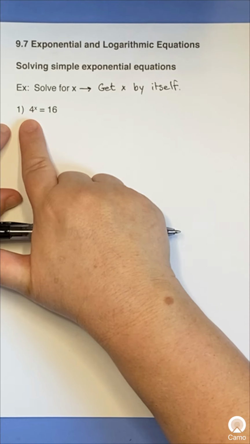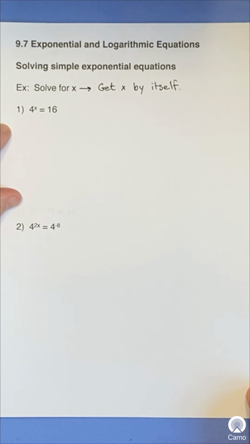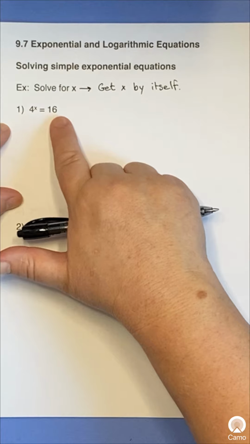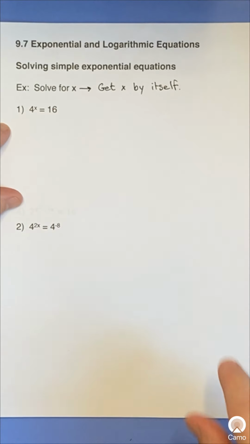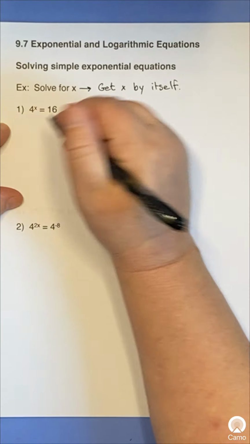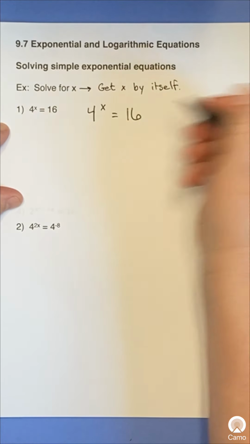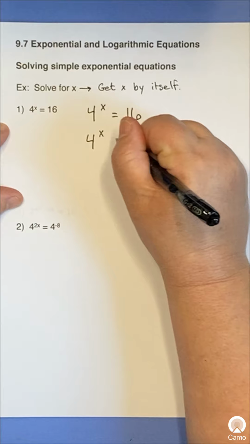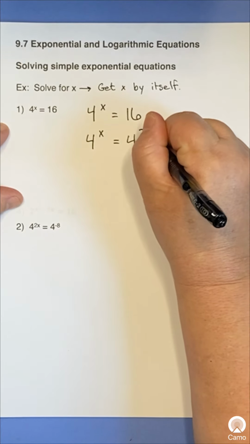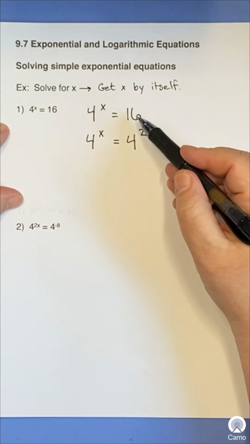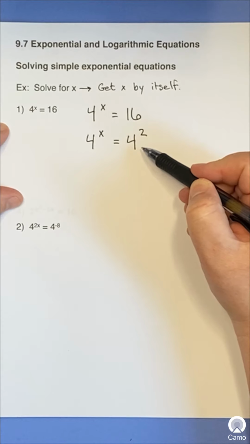I've got 4 to the x on the left. There's not a lot I can do with that, but when you're working with exponents, it can be very helpful to make sure everything is written in the same base. Over here I've got a 16, and I know that 16 is 4 squared. So if I start off with 4 to the x equals 16, I could say 4 to the x equals 4 squared, because 16 is 4 squared.